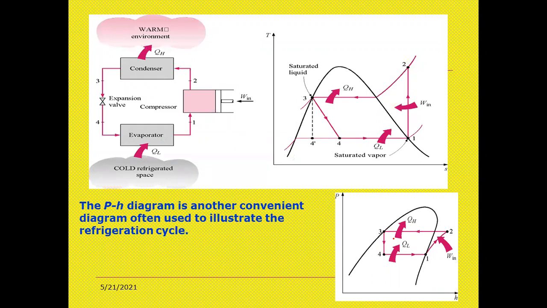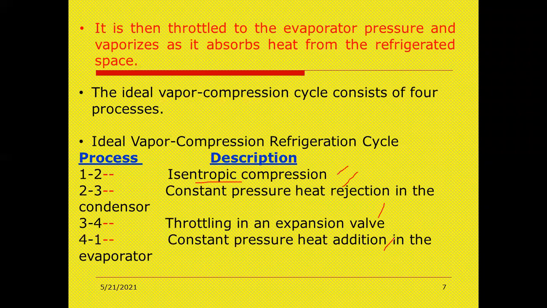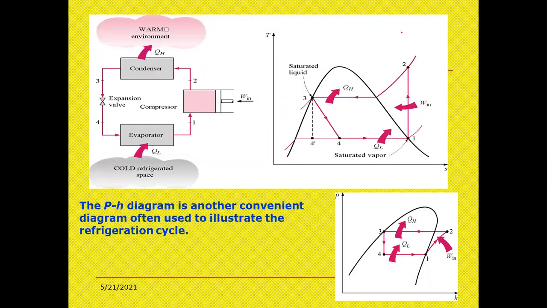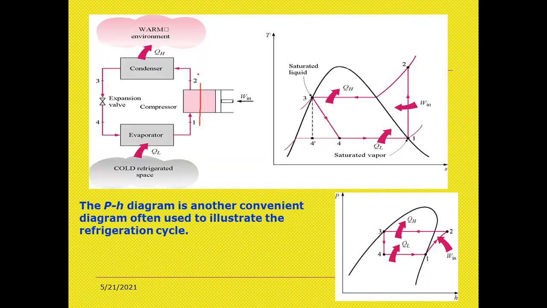If you see the P-h diagram of a vapor compression refrigeration system, it will be in this form, right? See here, 1 to 2 is isentropic compression. 2 to 3 is condenser heat rejection. Heat is going out from the condenser to the warm environment.